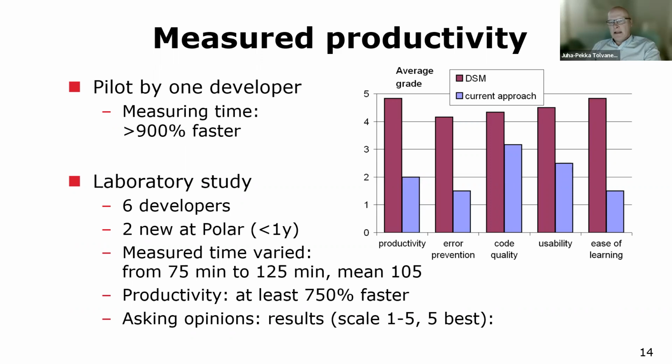And also, interestingly, they thought that the generated code is better quality than what they write today, which was a very interesting question, because normally in these kinds of embedded devices, you have less memory, so the code must be good. But they thought that, well, based on their experience, the quality of the code is better.